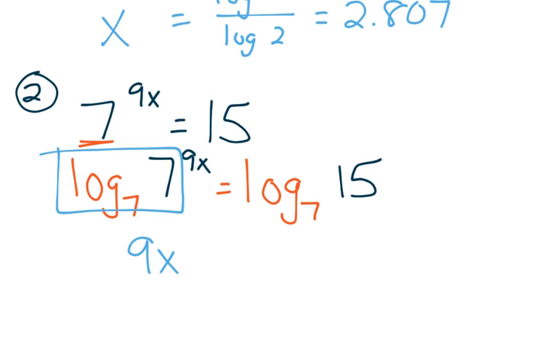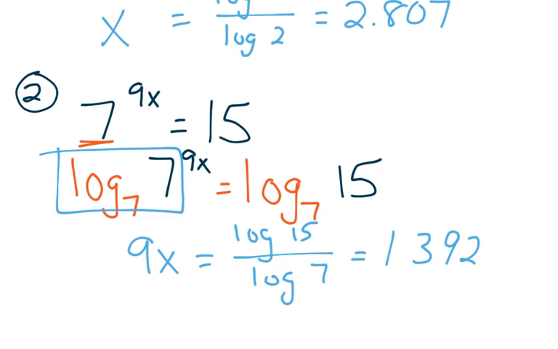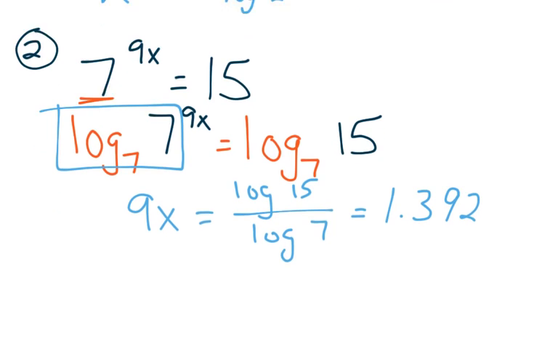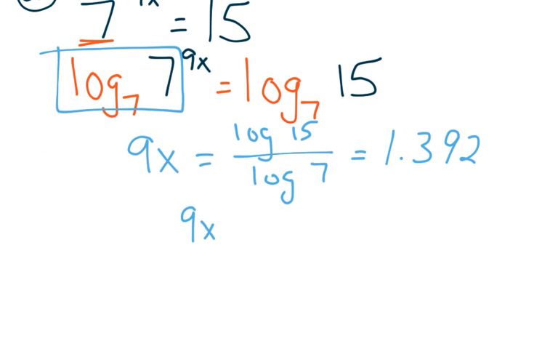Now again, the log base 7 of 15, that's not a good number. You can use your calculator here. Use the change of base formula, log of 15 over the log of 7, and what you should get is about 1.392. So what we really have is 9x is equal to 1.392, and we have a one-step equation from there.